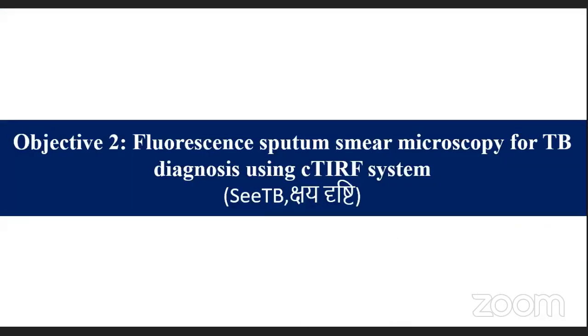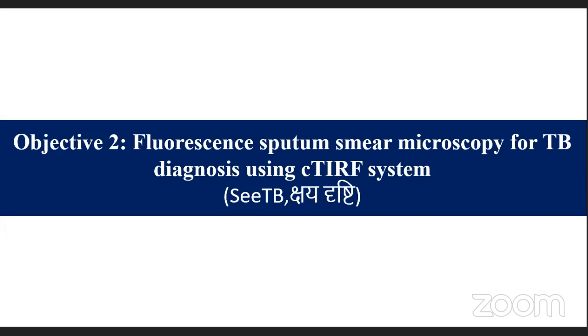So we thought of using this device for diagnosis purposes. Why was it thought like that? Because the interesting thing this device does is that it converts a simple bright field microscope, which is easily available in laboratories and different places, into a compact total internal reflection fluorescence microscope.